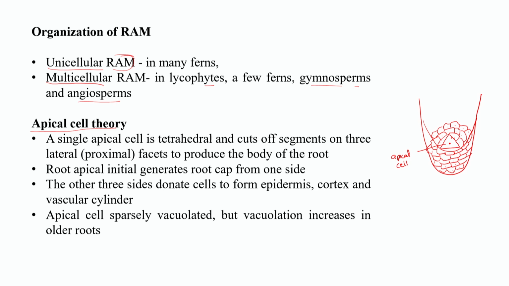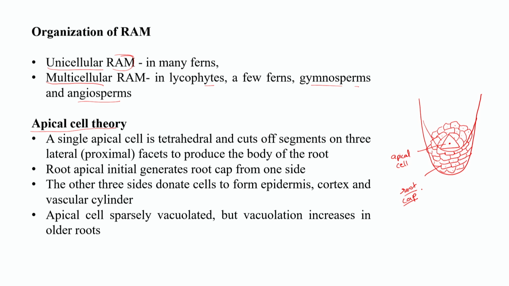So there is a slight difference here, because in shoot apical meristem the terminal cell lying on the top side was not contributing to the formation of any cells, whereas in root apical meristem the one lying on the bottom side contributes to the formation of the root cap.